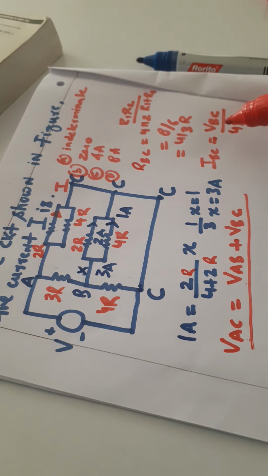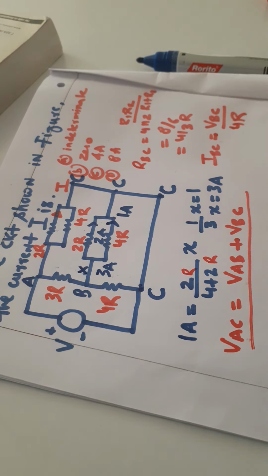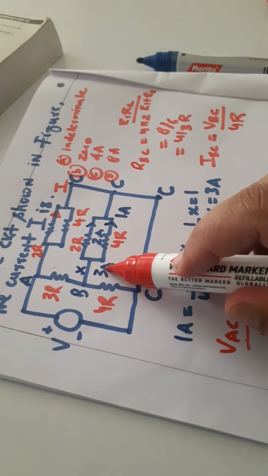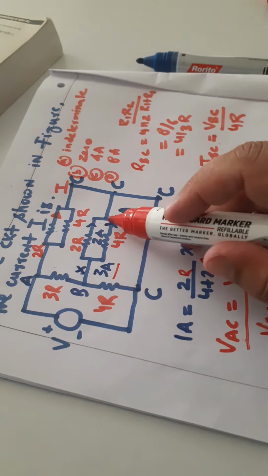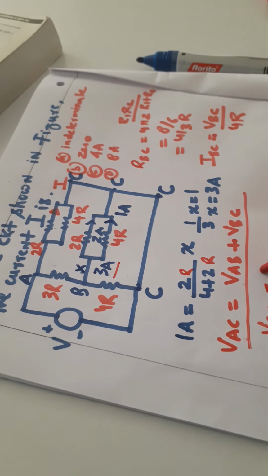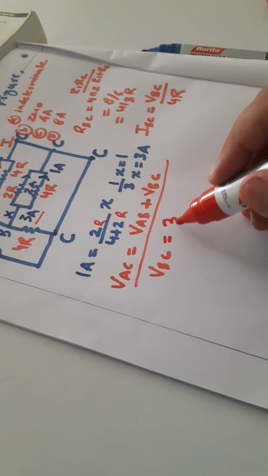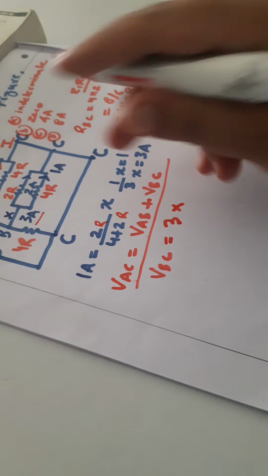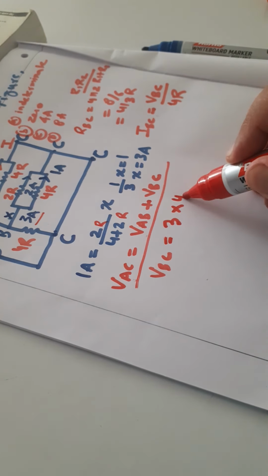How do you calculate the value of VBC? The voltage VBC across this and across this is the same. So this VBC is the current 3 ampere into the drop which you calculated, that is 4 by 3R.